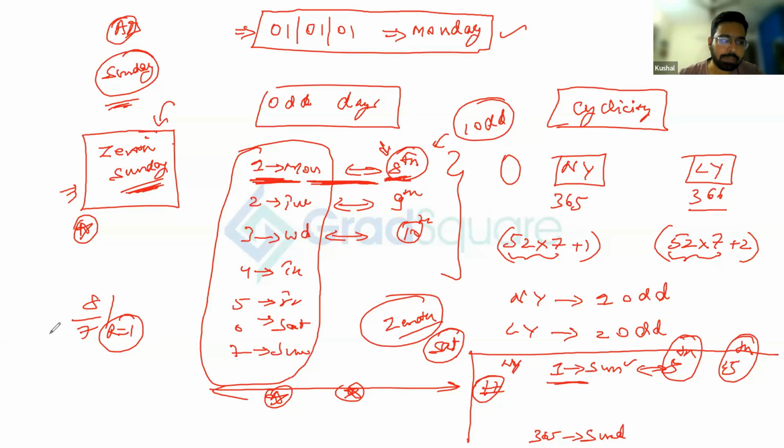Clear? Okay. Now tell me something. If it is a leap year and your first day is Monday, what will be your last day? Absolutely correct. All of you have given me the correct answer.